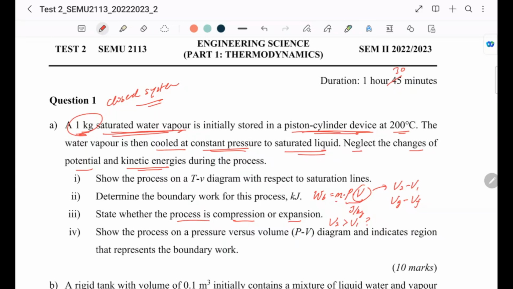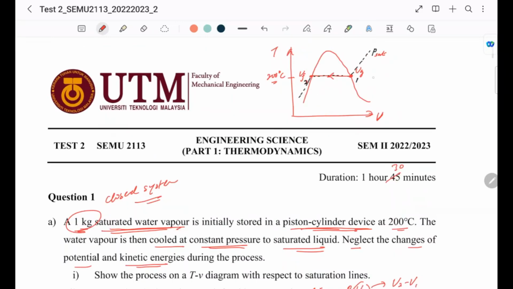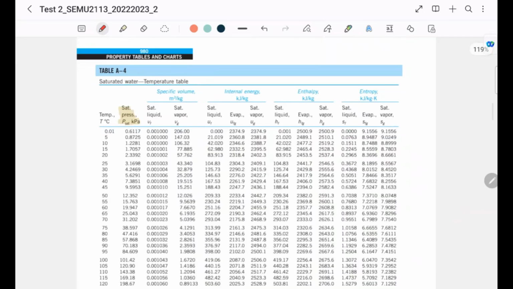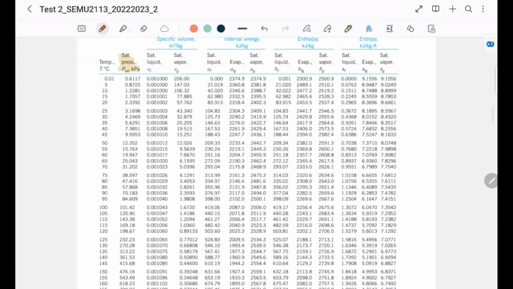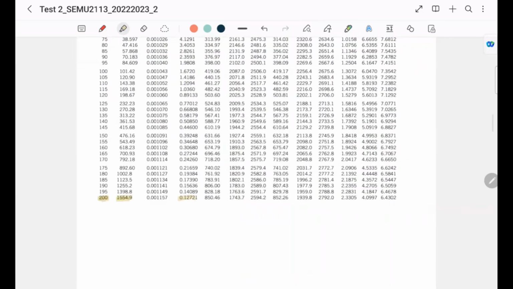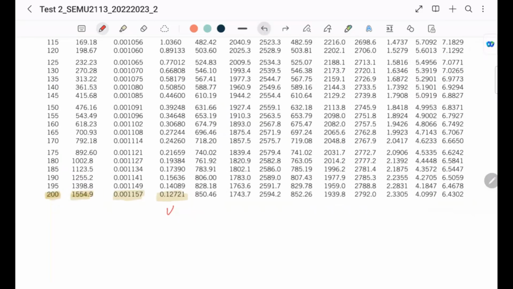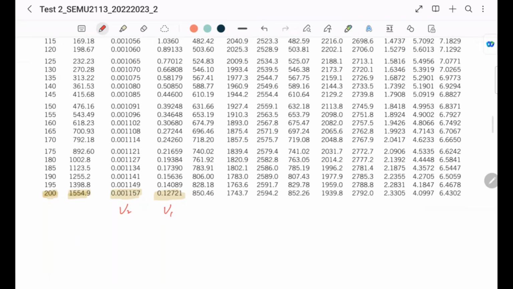By looking at this, Vg should be larger than Vf, because the V for gas should be larger. Vg larger, Vf smaller. So this was V1, V2. So it's a compression for sure.